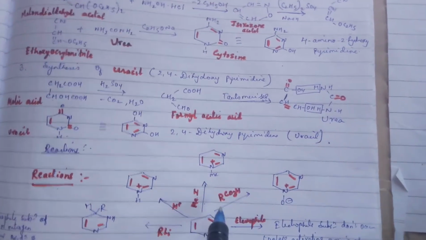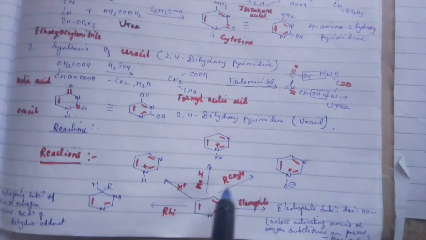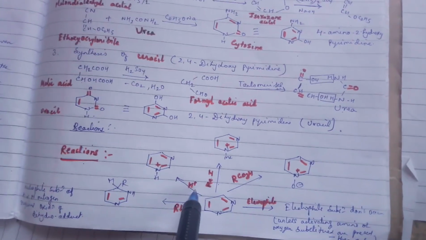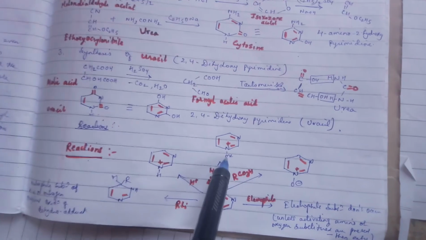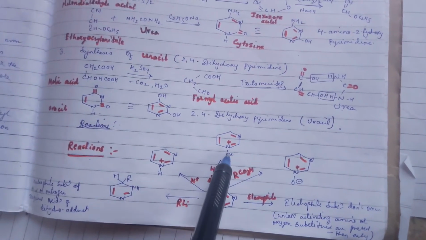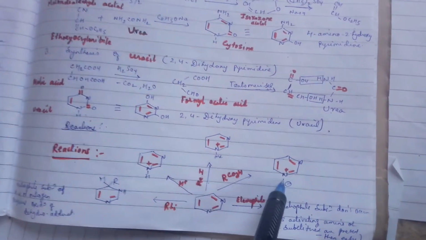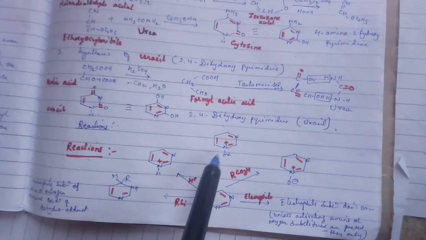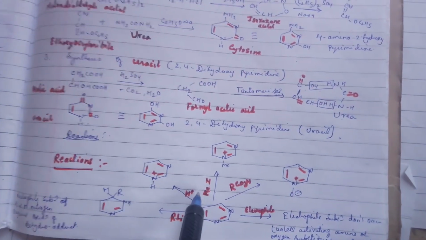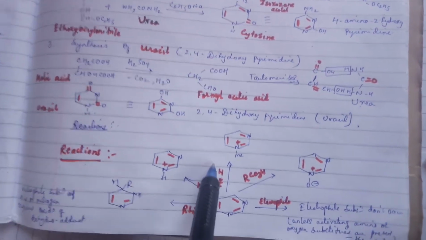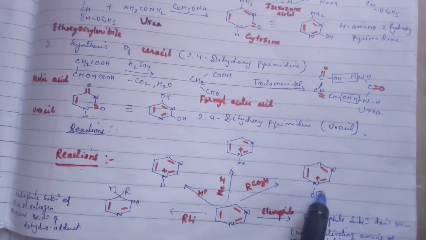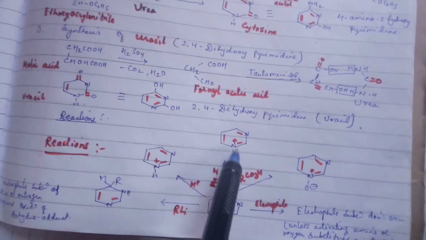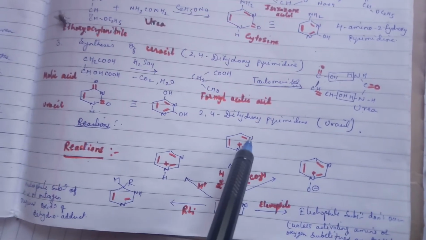Now 1,3-diazines react with alkyl halide, peracid, or even with proton to give the N-methylated quaternary salt, alkyl quaternary salt, and N-oxides respectively, and such electrophilic additions take place at one nitrogen. You can see only one nitrogen gives the quaternary ammonium salt, but not this one.